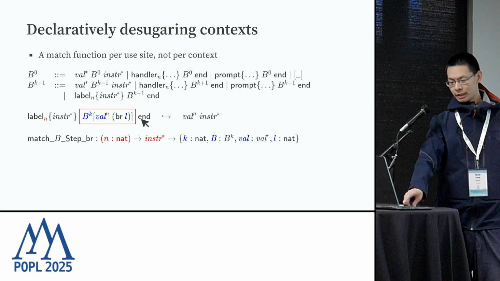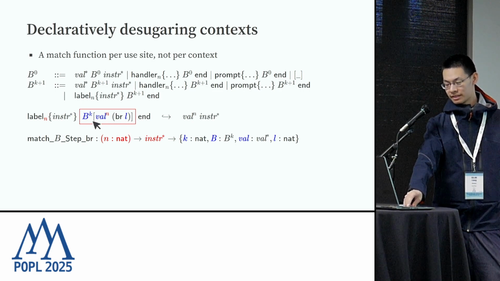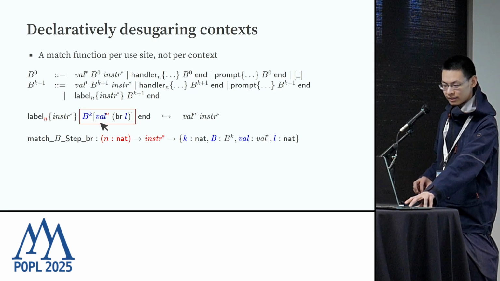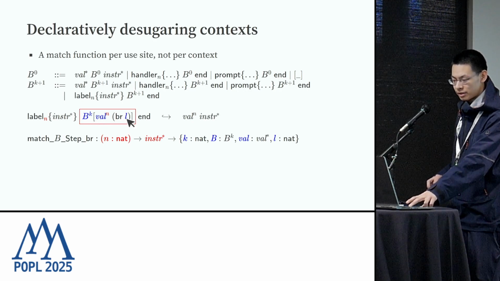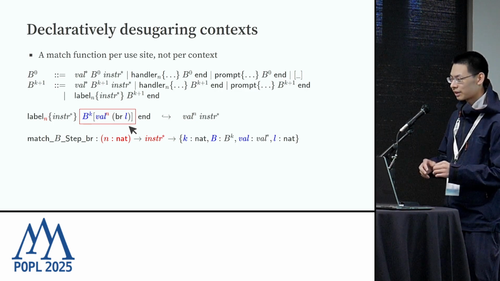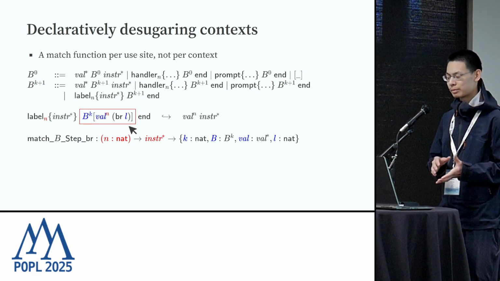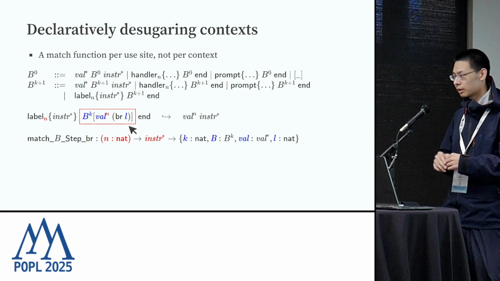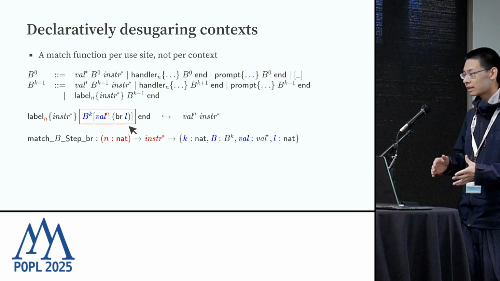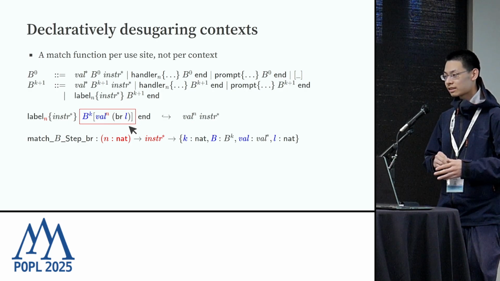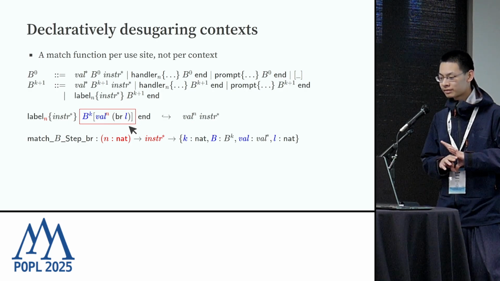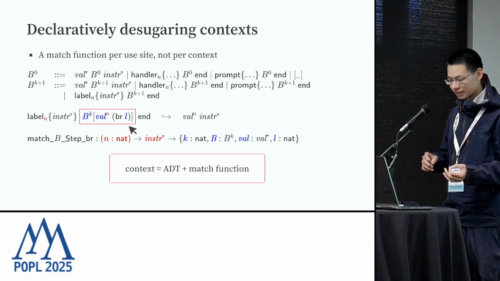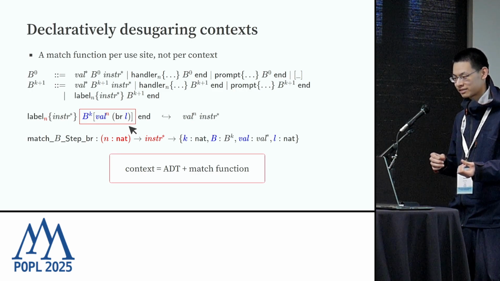And we return the number of labels, which is the k here, the context itself, the values that are captured, the number of branches, and the index or the parameter of the branch instruction. In this way, we can match a pattern and not a concrete instruction here. So I'll declare that a context is an ADT plus a match function.